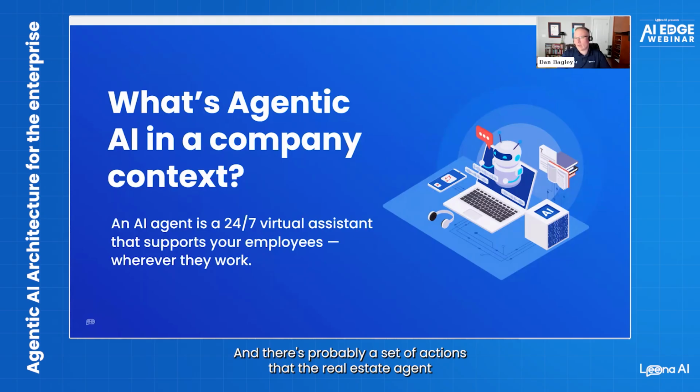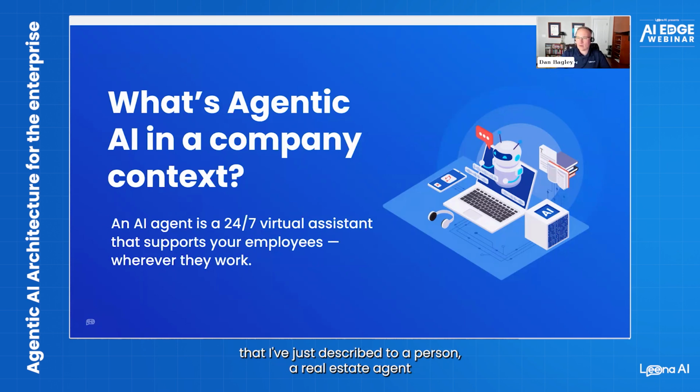There's probably a set of actions that a real estate agent is empowered to do completely on your behalf, such as soliciting information or setting up appointments. And then there's a set of information that the agent might come back to you to confirm: all right, Dan, this is something that you want to do, and then go out and execute on that. So I think that's a really good analogy as we think about AI agents in the enterprise taking action on your behalf.